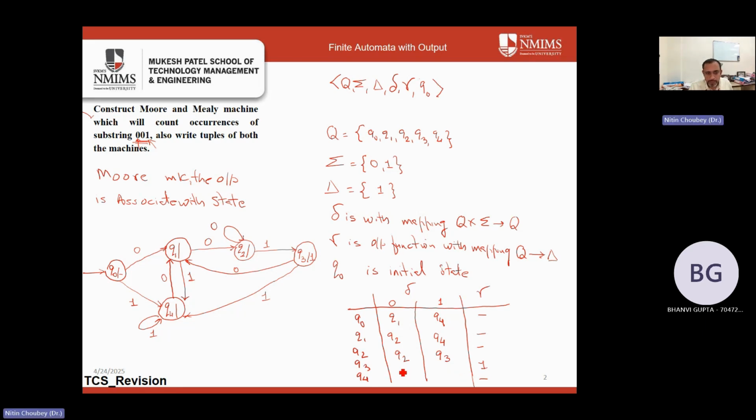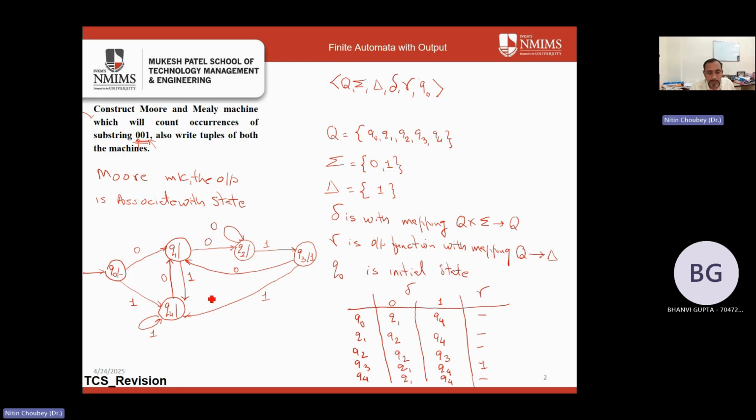Q3 on the input of 0 is Q1. On the input of 1, it is Q4. Q4 on the input of 0 is Q1. On the input of 1, it is Q4. So this is basically the transition function, and this is the output function for the Moore machine which we have constructed.